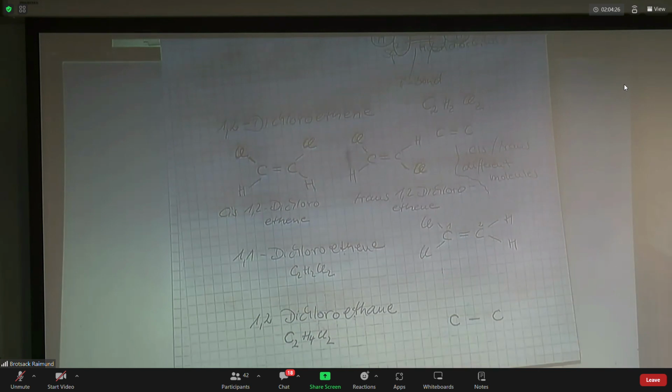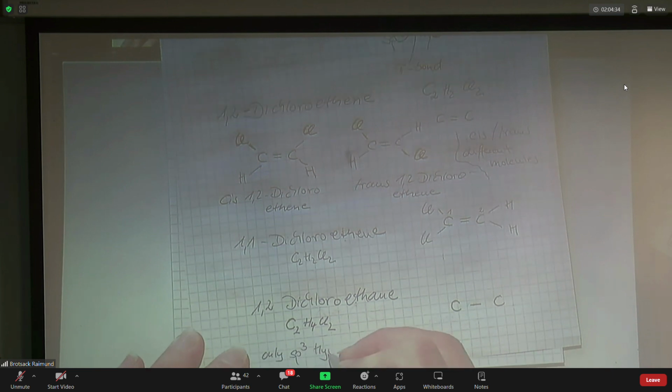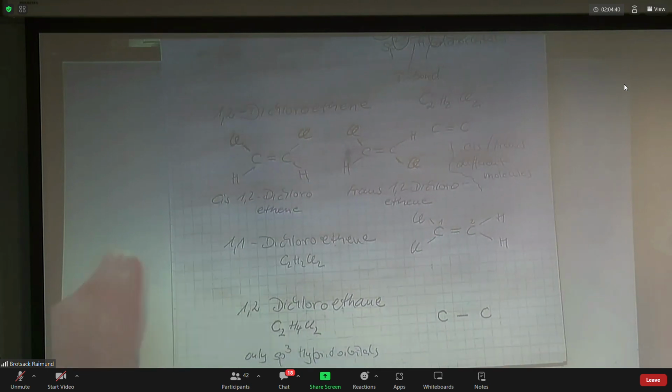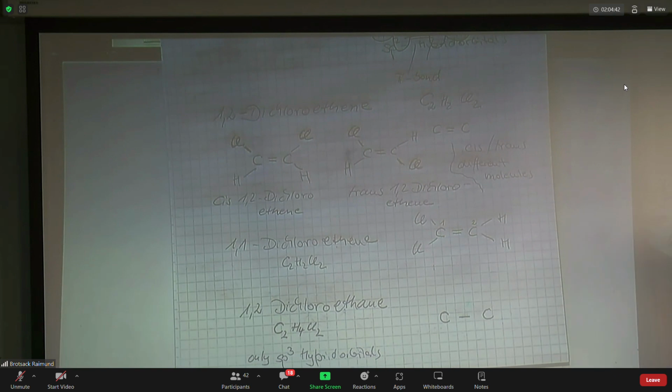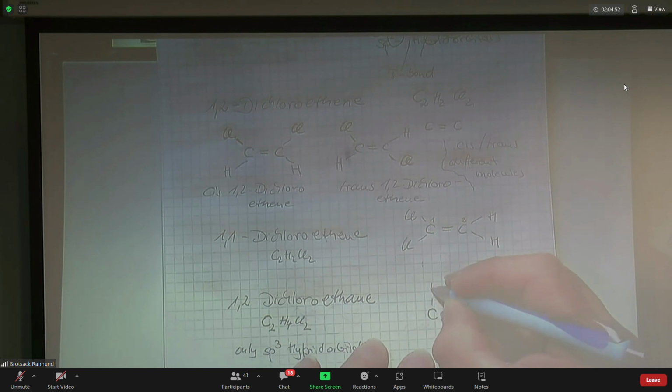Now we have only sp3 hybrid orbitals. And how does the sp3 geometry look? sp3 hybrid orbitals, tetrahedral. So we have a tetrahedral structure. So we have here a hydrogen.